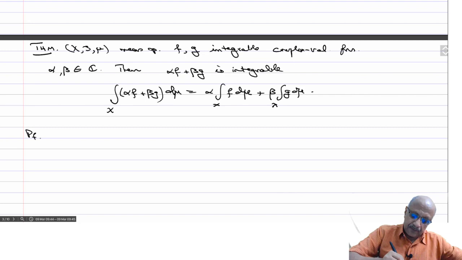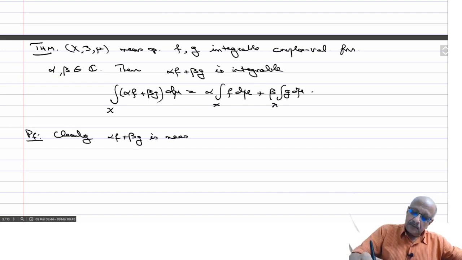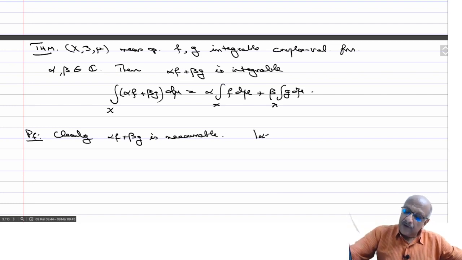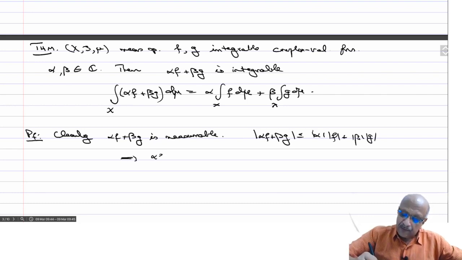Okay, so this is the full linearity of the Lebesgue integral. So proof. So clearly αf plus βg is measurable. And mod of αf plus βg is less than or equal to mod α times mod f plus mod β times mod g, which implies αf plus βg is integrable.